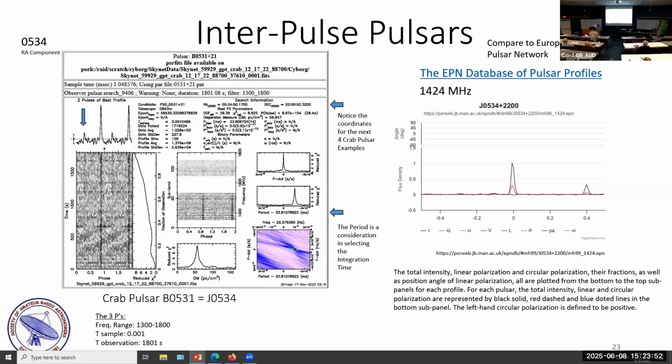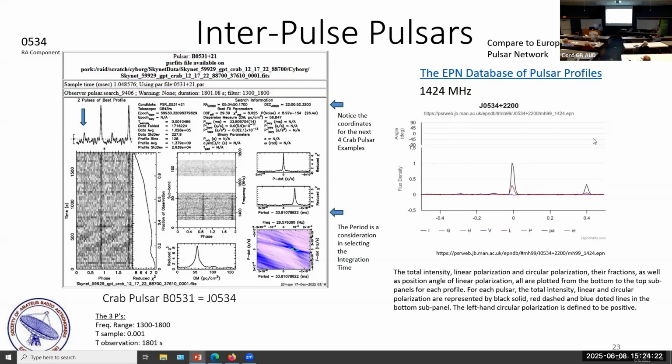So you can see here the main pulse. Now these pulsar profiles through the European Pulsar Network have some instructions down here on the website so you understand what these lines are, the different colors. It's actually quite a simple chart. You can see further down a lot of other things in there.